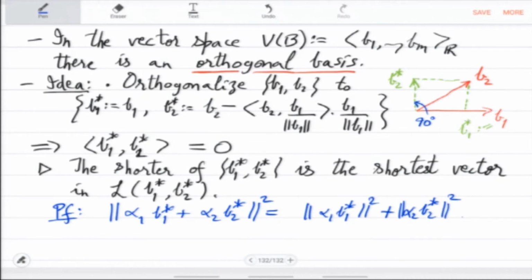Since any vector in the lattice has integers alpha 1, alpha 2, either one of them is 0 or at least 1.